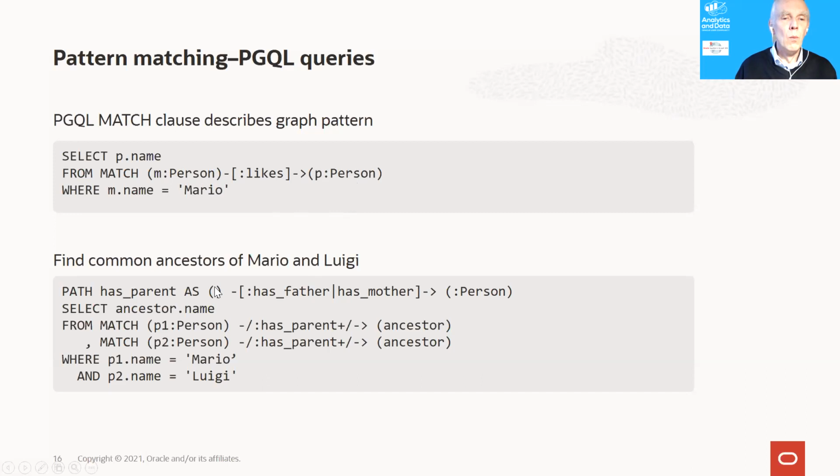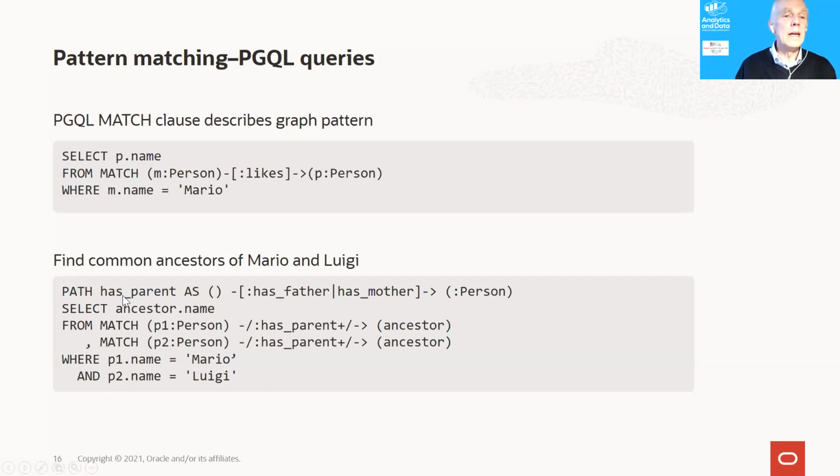What becomes a little more sophisticated is if you are trying to find all common ancestors of two given people, right? What would you do in SQL? Obviously, you would use either the connect by prior, or you would use the recursive with these days mostly.